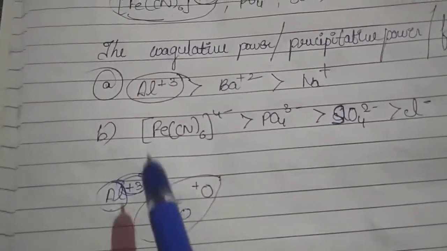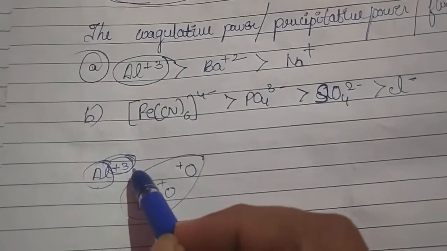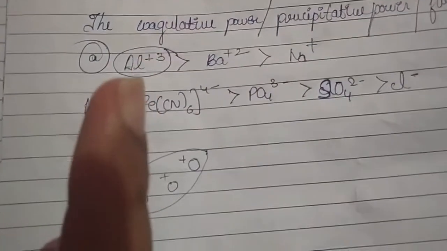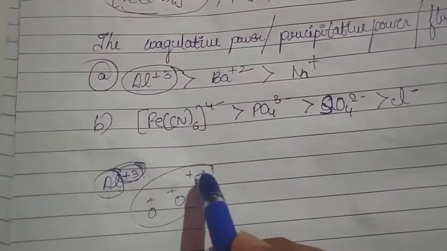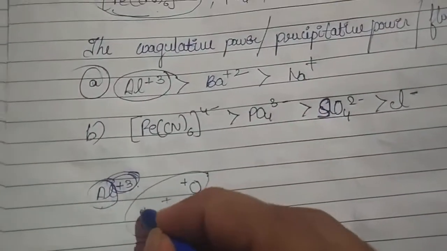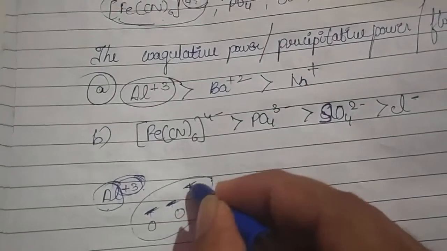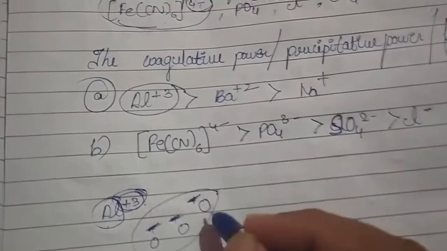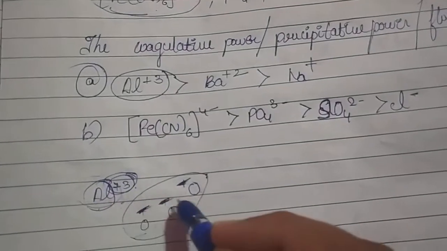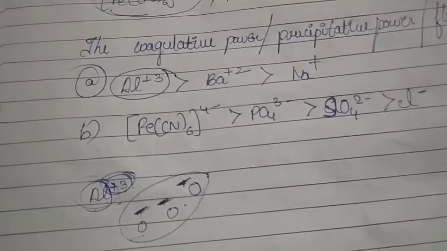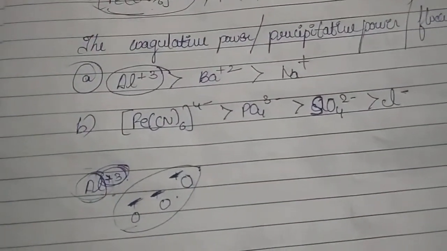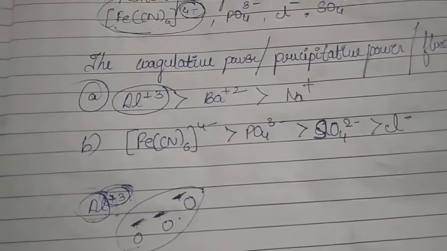If each Al has +3, one Al is equivalent to 3 negatively charged colloids. So easily they will come together, and a greater proportion of your colloidal particles get coagulated.